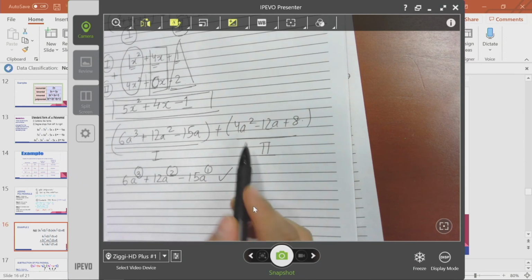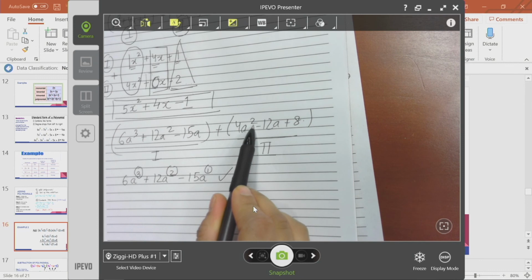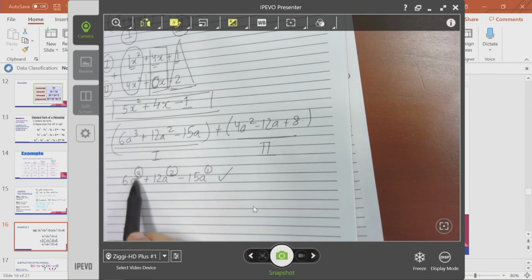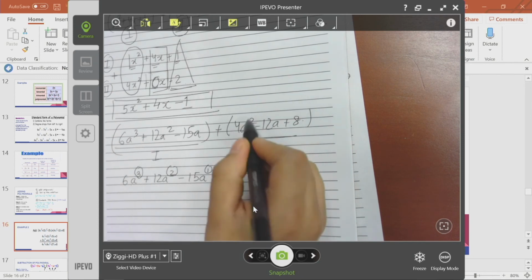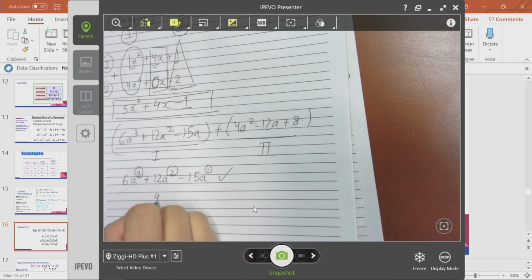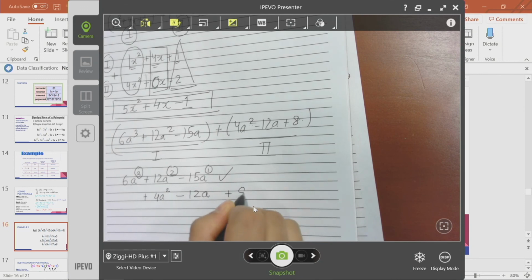Now second one, we have an a squared term. We don't have a term with a cube. So let's write 4a squared, that's positive. Then we have negative 12a, then we have positive 8.